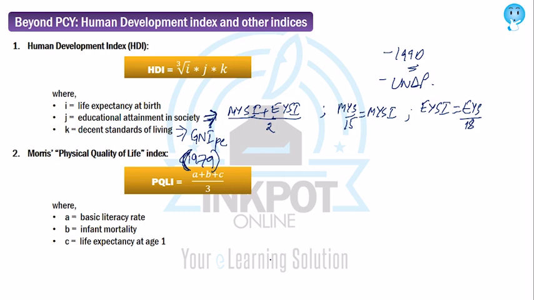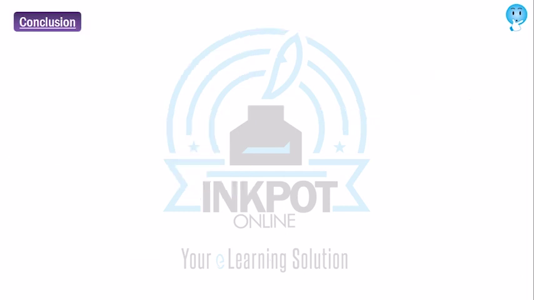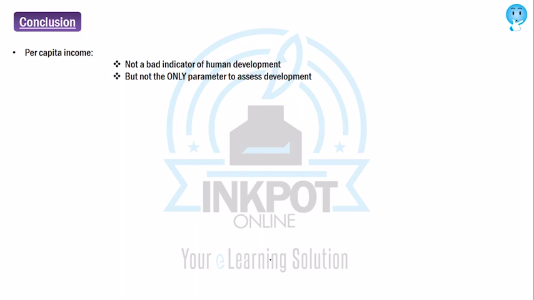Okay, so last, the conclusion. There are 2 main conclusions in this chapter. First, in this entire unit, the first conclusion is that per capita income, well, it's the most prominent way to measure economic development. It is not a bad indicator of human development, but then it is not the only parameter. Why?